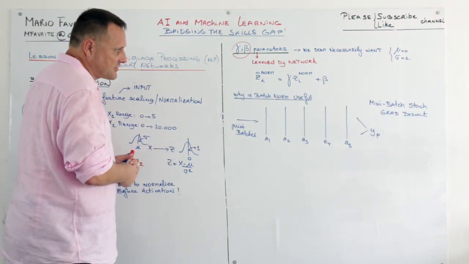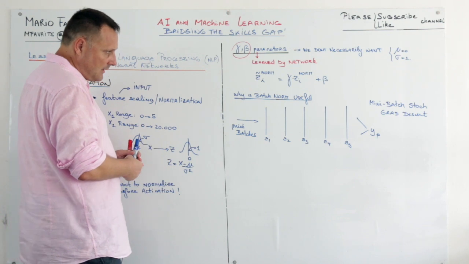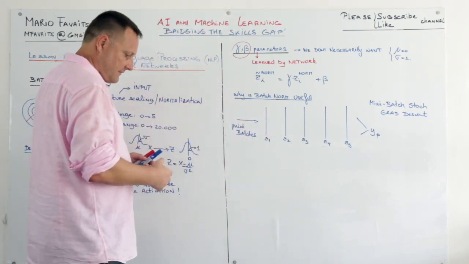So why is batch normalization useful? Well, I drew a neural net here with 5 layers.